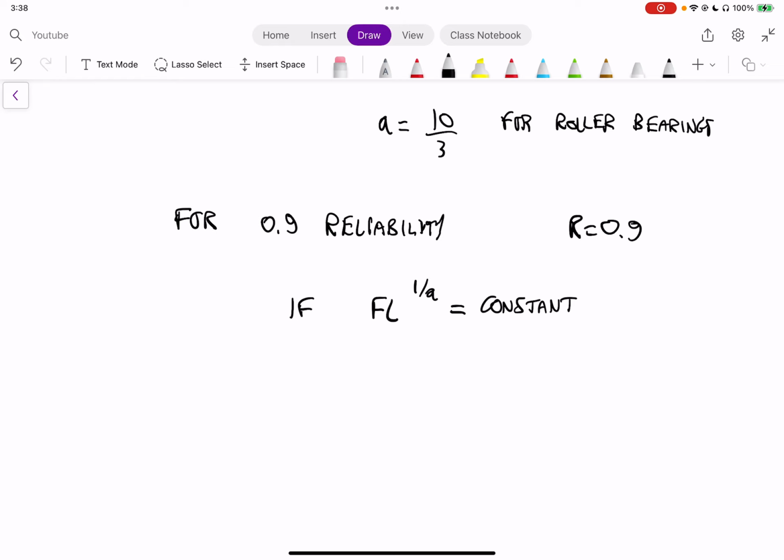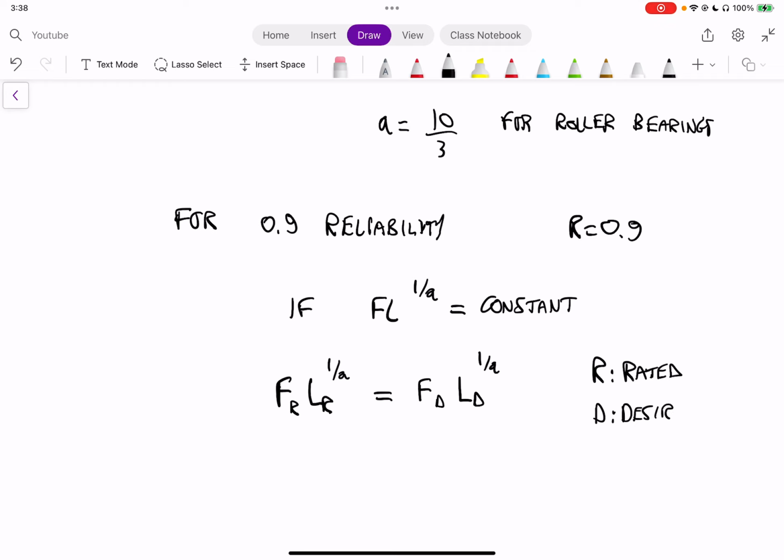And what we can write is F sub R times L sub R to the 1 over A, and I'll talk about what that means in a second, is equal to F sub D times L sub D to the power of 1 over A. Okay, and we have R as our rated, and D is our desired.